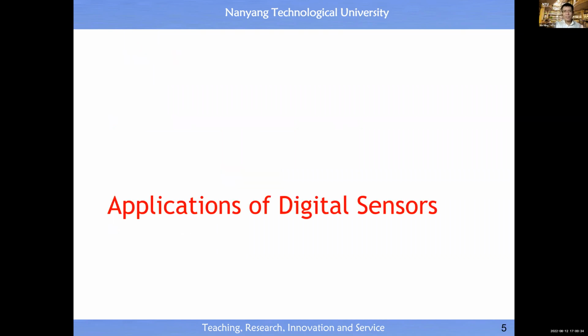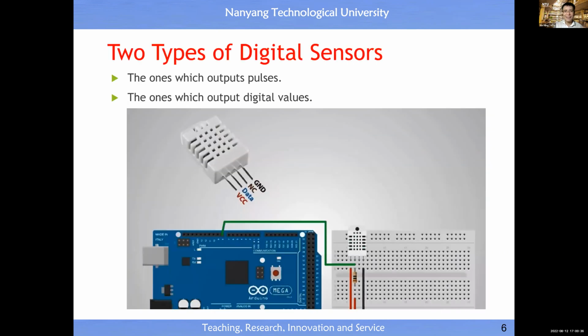Okay, so first look at the application of a digital sensor, right? Actually, there are two types of digital sensor. One is where the sensor itself outputs a digital pulse, but this digital pulse has a meaning. Like in lecture 2, we saw this temperature and humidity sensor, and inside you have a built-in mini version of a microcontroller.